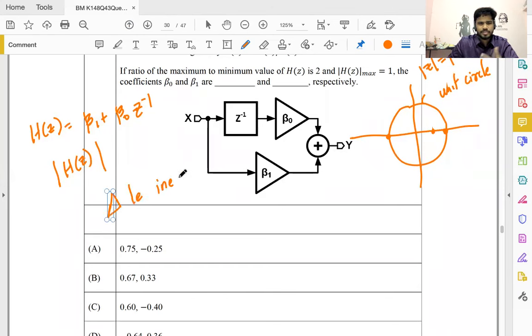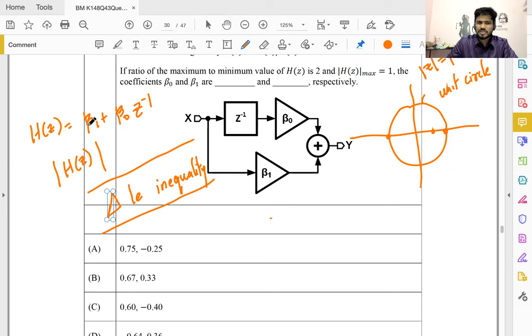Triangle inequality. The moment you are not dealing with scalars, the first line of attack, for anything with vectors or complex numbers, is the triangle inequality. Notice this is a complex number.